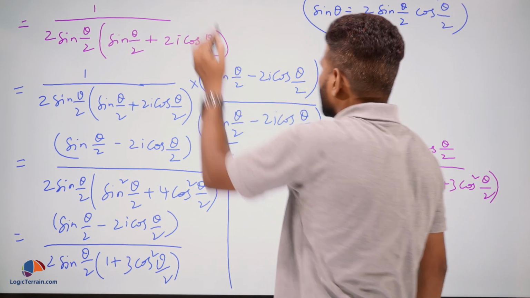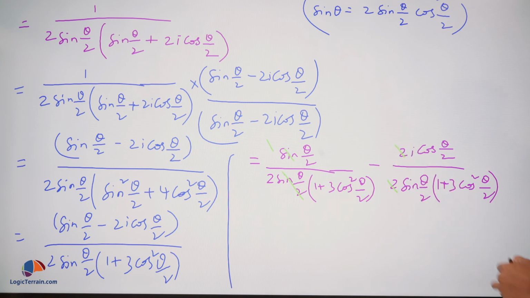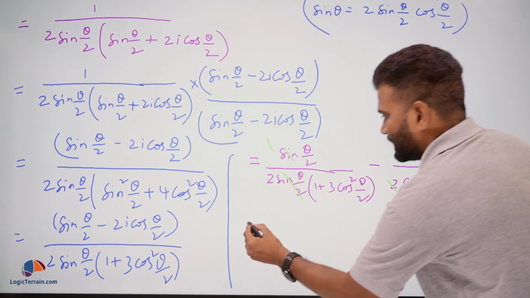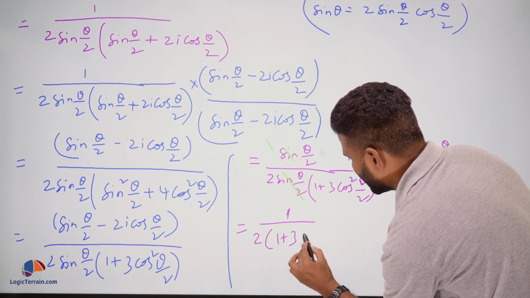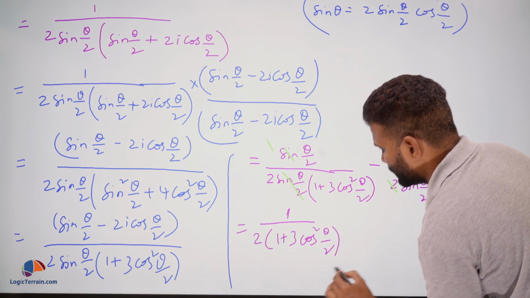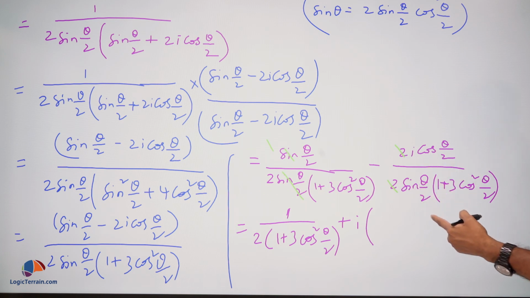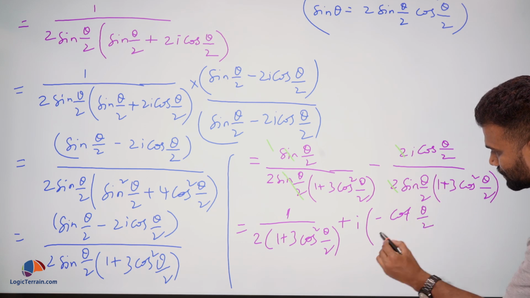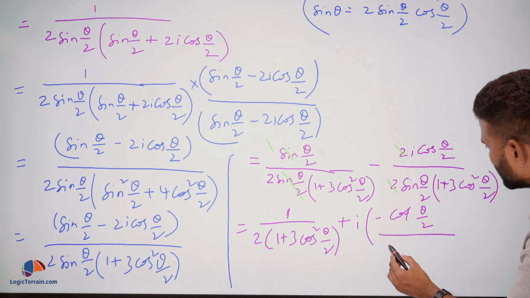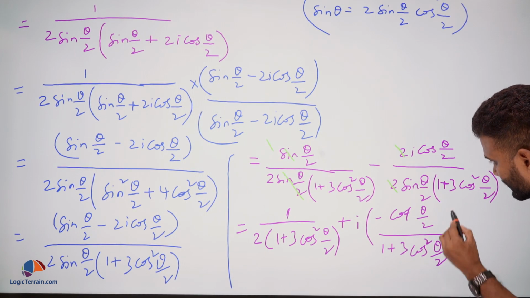Now here sin theta upon 2 gets cancelled one time, here 2 gets cancelled, then we are left with 1 upon 2 into 1 plus 3 cos square theta upon 2 plus i of, here we have cos theta upon 2 upon sin theta upon 2 becomes cot theta upon 2. So negative cot theta upon 2 upon 1 plus 3 cos square theta upon 2.